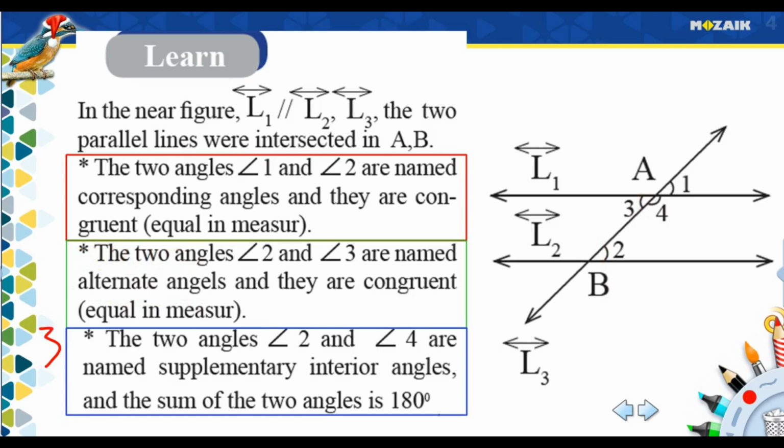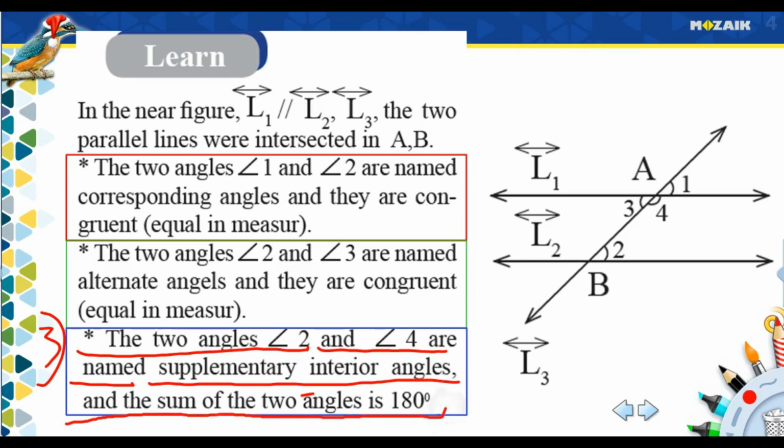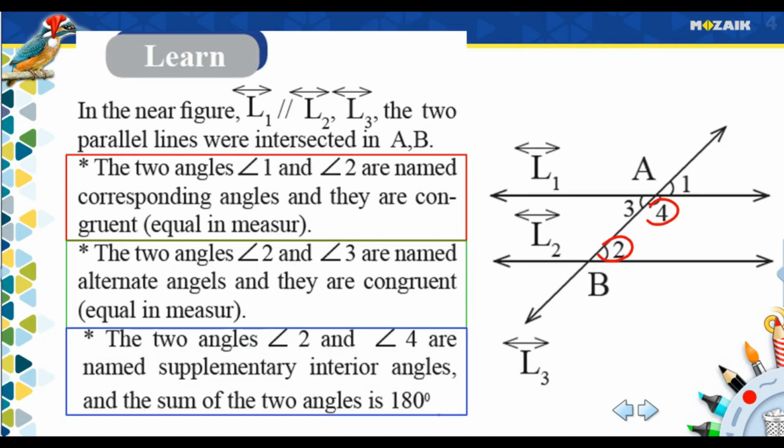Number 3, the two angles, angle 2 and angle 4, are named supplementary interior angles and the sum of the two angles is 180 degrees. That is, angle 2 and angle 4 are named supplementary interior angles.